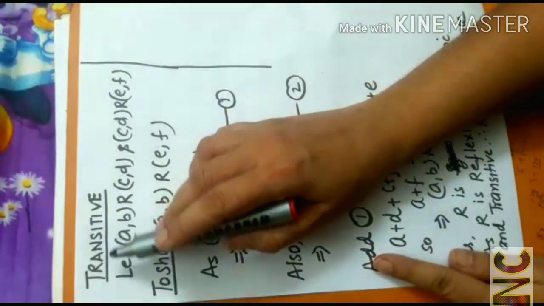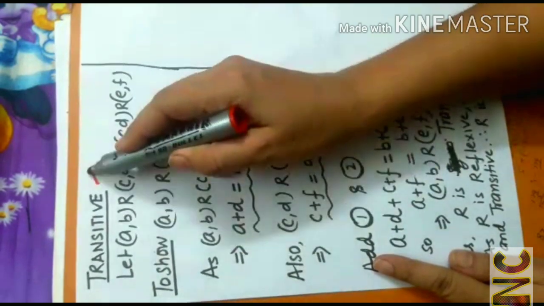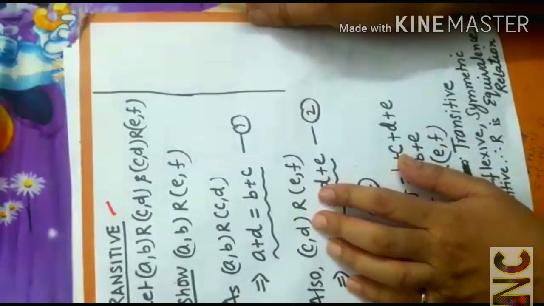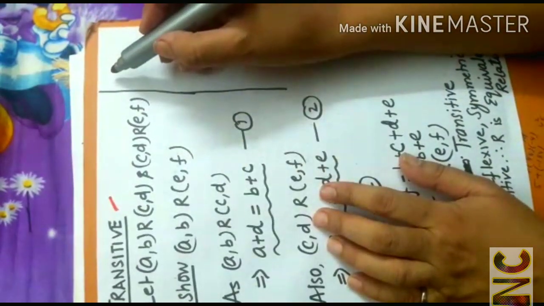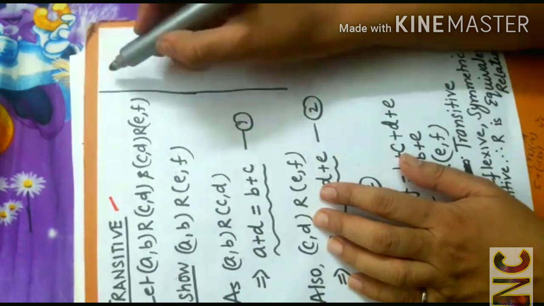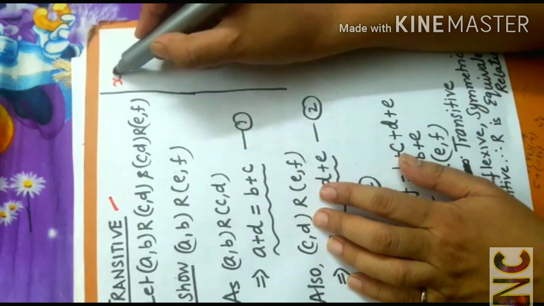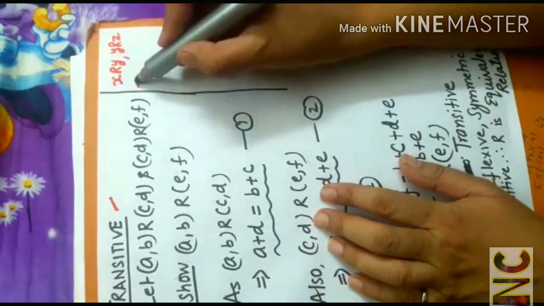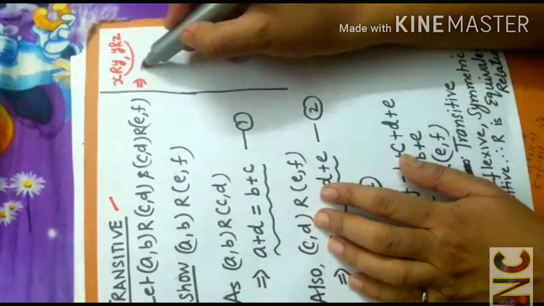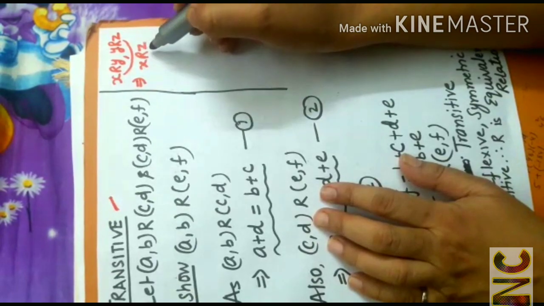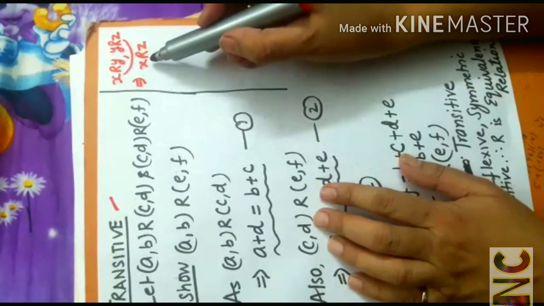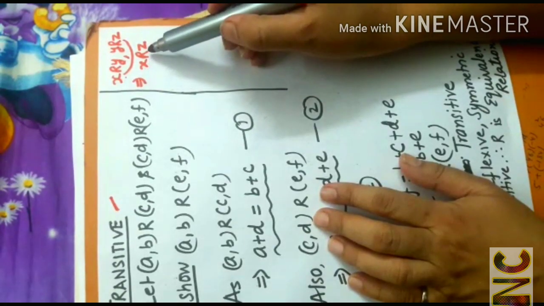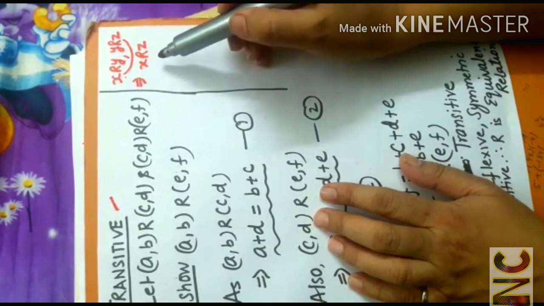Now we will prove that this relation R is transitive. Recall the definition of transitive. A relation R on a set is said to be transitive if x related to y and y related to z implies x is related to z. And again, remember this, x, y and z should belong to the set on which the relation is defined.